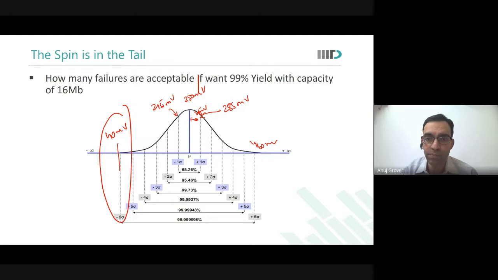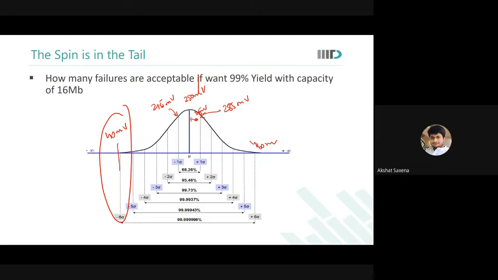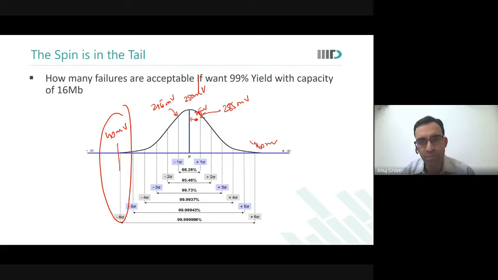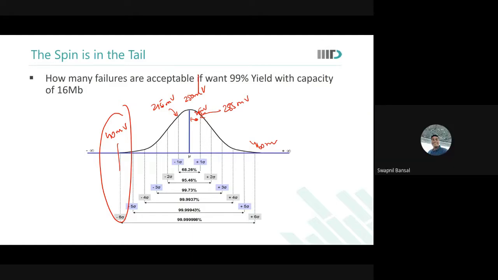Okay. So this concept, when we are qualifying plus sigma... Your voice is not clear, Akshat. Is it not clear only for me or for others also? No, it's not clear in general.